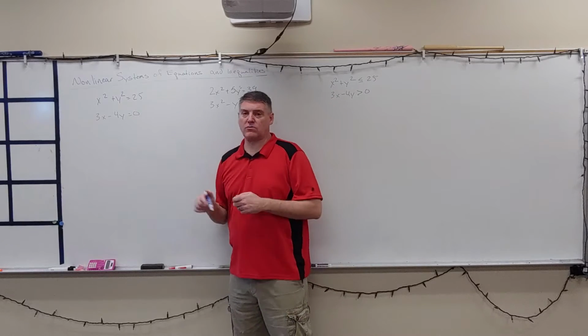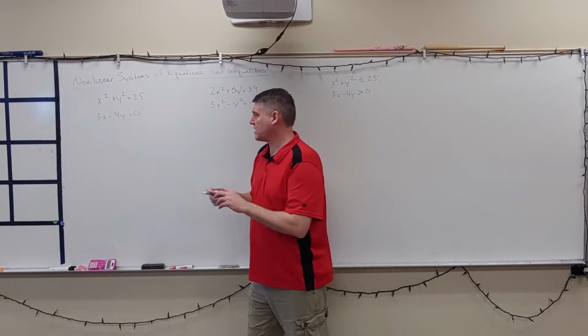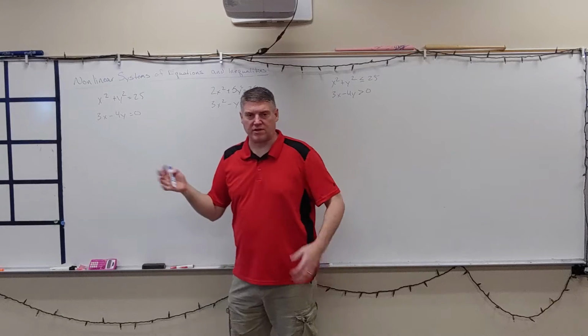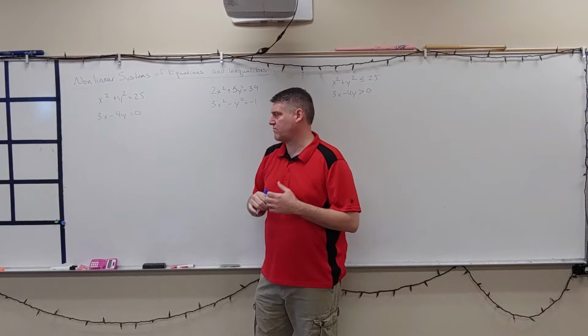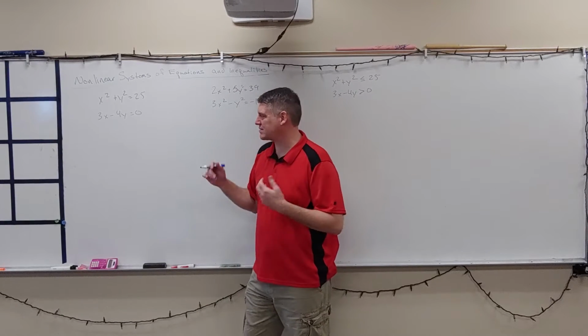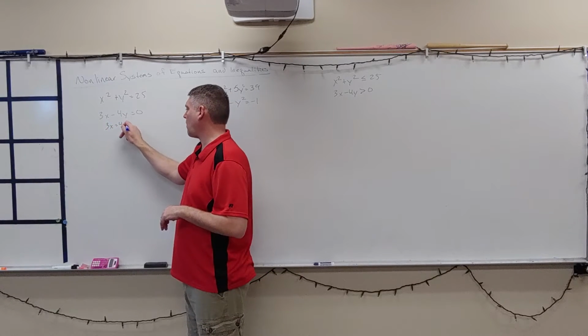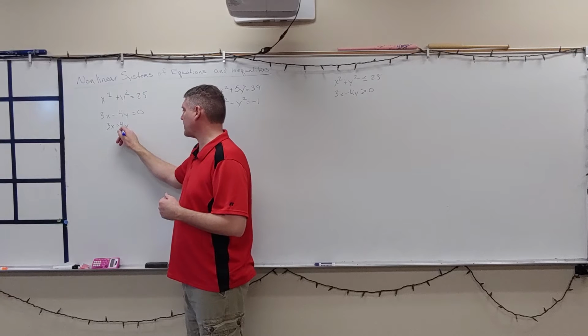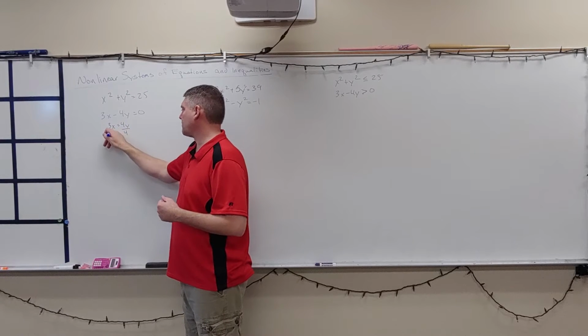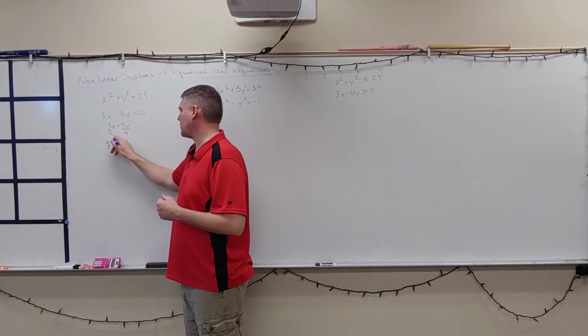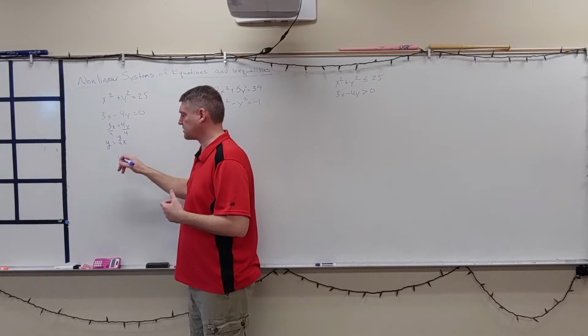All right, so when we're solving these, a lot of times I'm going to solve for one of the variables, whichever is kind of the easiest to solve for. So here, 3x equals 4y. If I want to solve for y, that's fine. I'm going to divide by 4, or y equals 3/4 x.